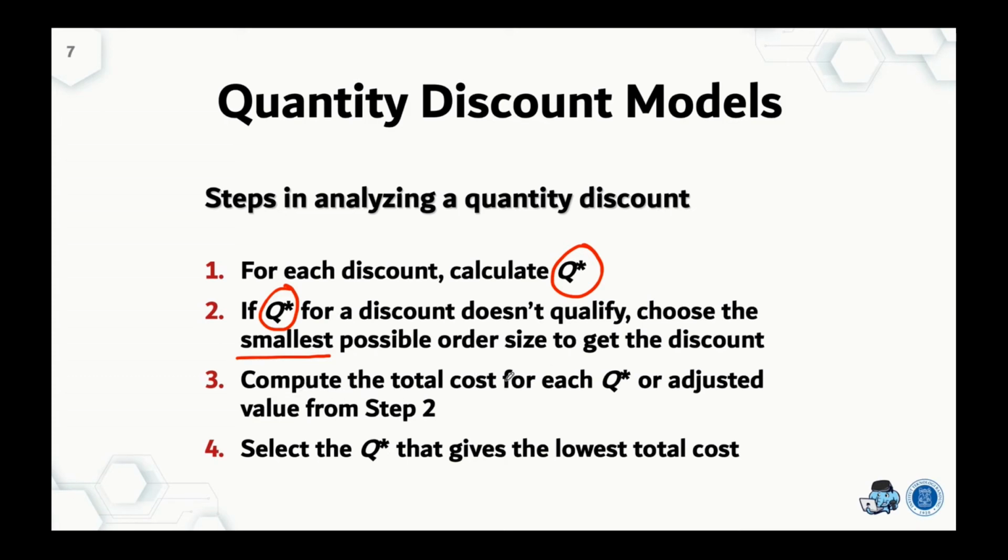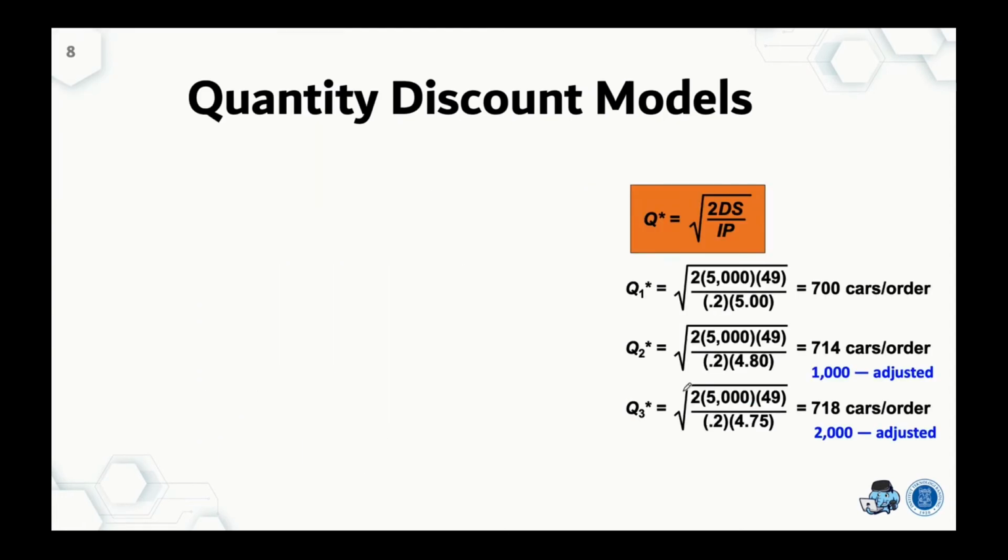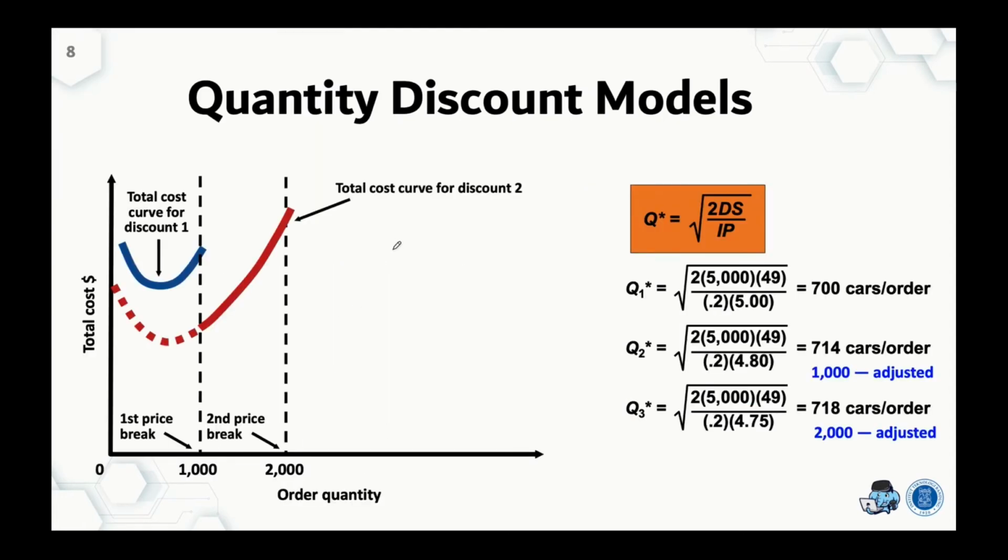And then we should compute the total cost for each optimum order or adjusted value that resulted from step number 2. And then number 4, we have to select the optimal Q that gives the lowest total cost. Take a look at this simple example.